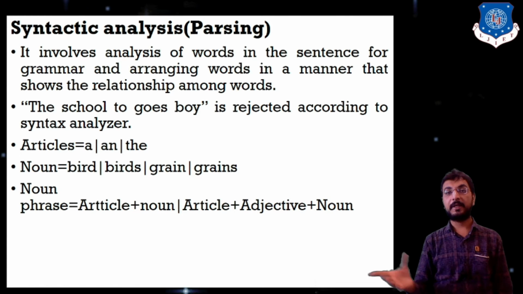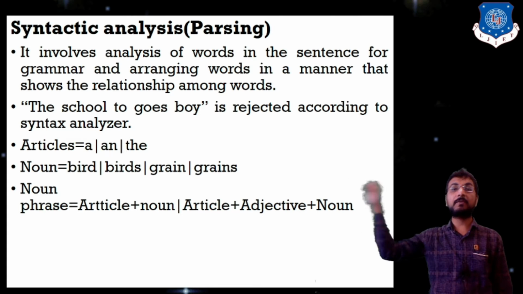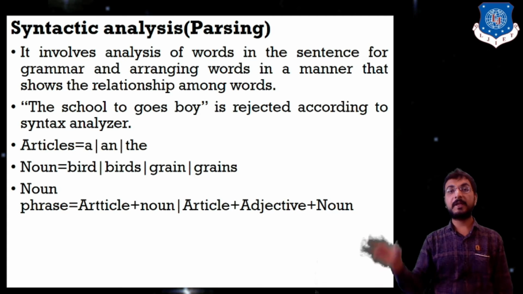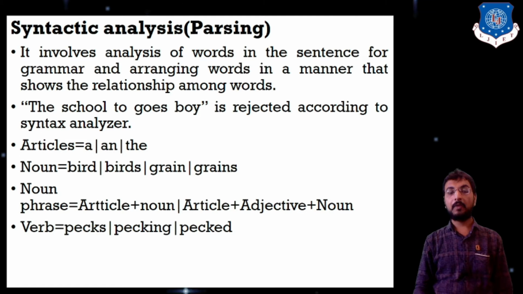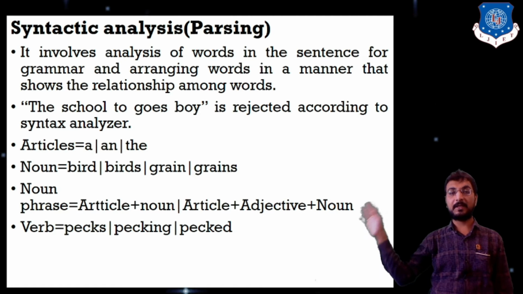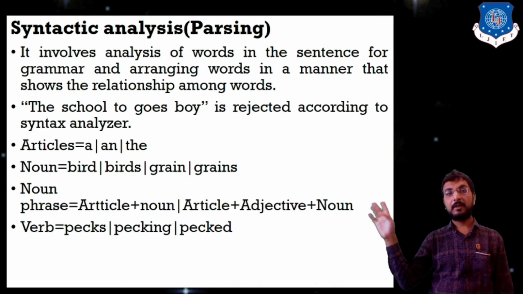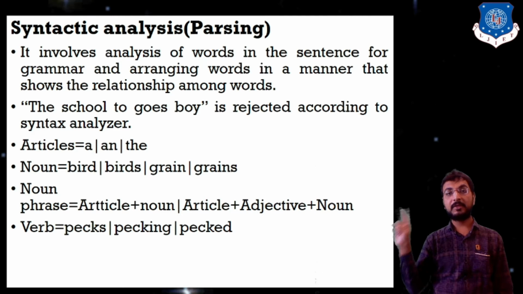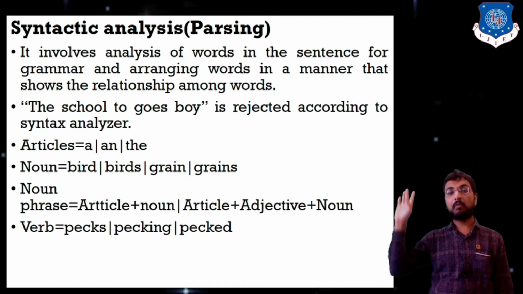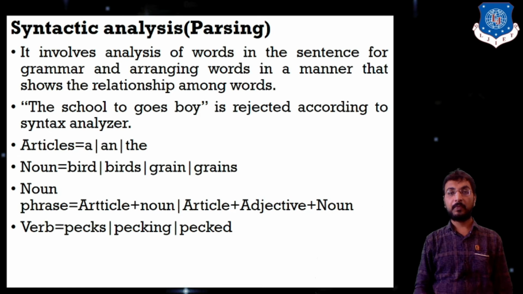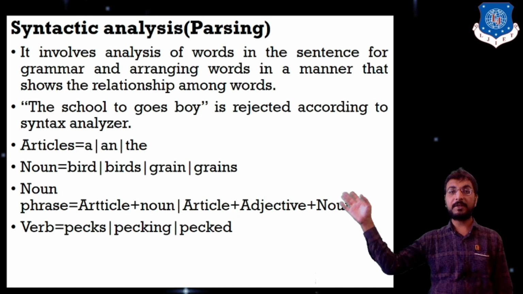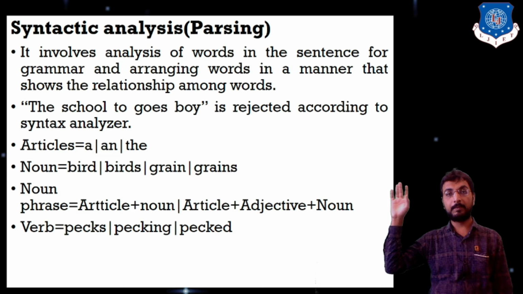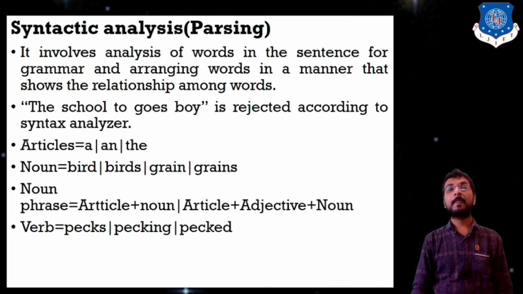Bird and grains are nouns, because two nouns are involved, birds and grain. Now verb is equal to packs, packing and packed. Here we have simple present tense, present participle, and past participle for the verb pack.